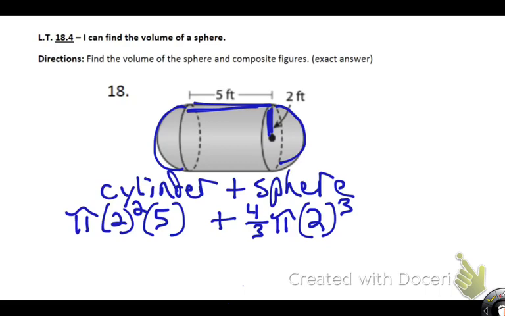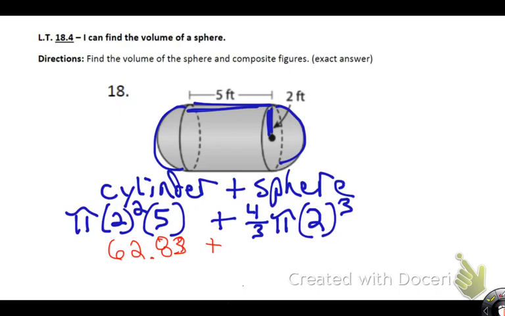So I'm going to do probably decimal approximation on this one. So pi times 2 squared times 5. I get 62.83.